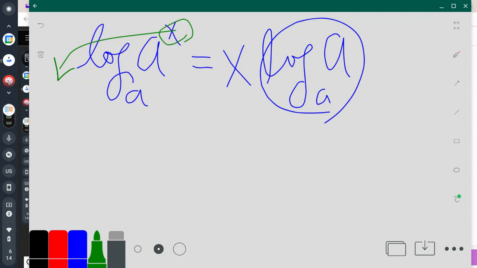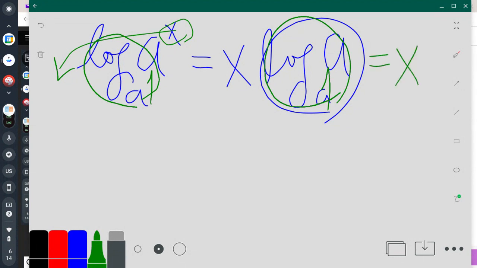Think about it: log of a to base a will be 1 anyway, so it will just become x. In other words, you're expressing this number by its exponent. Let's do just a few more examples.